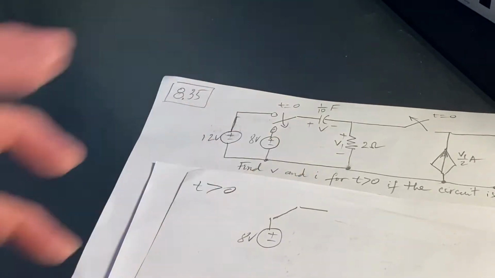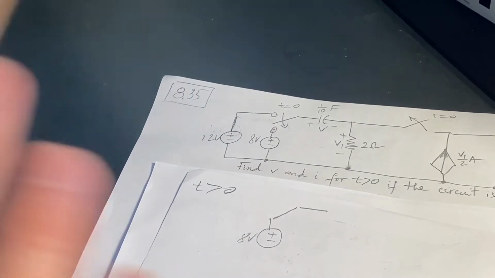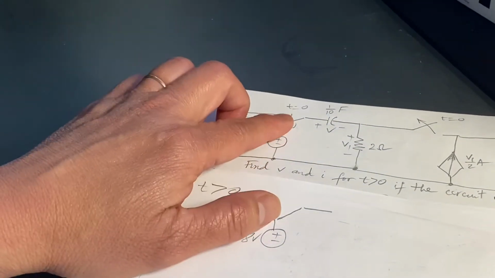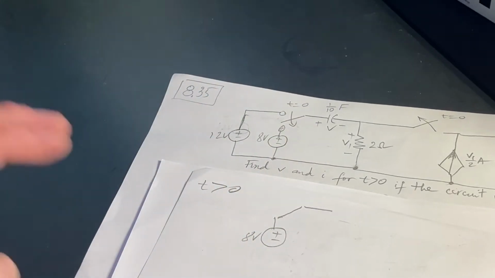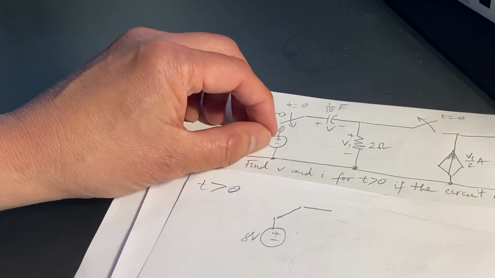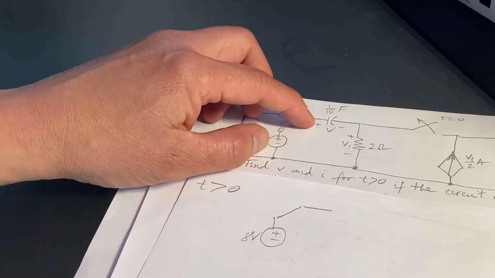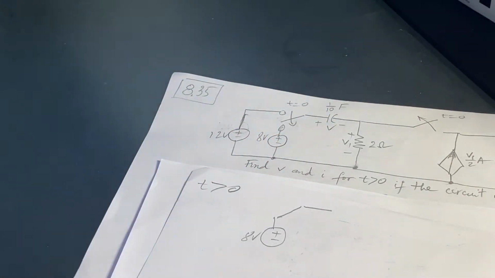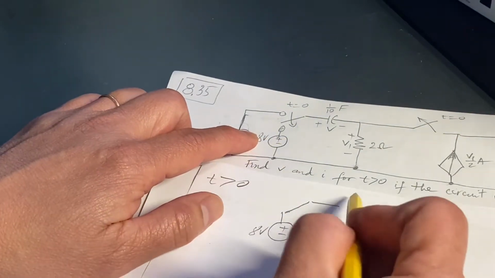At this time, the voltage and the current change, everything changes, because it goes from 12 volt to 8 volt. So the voltage and the current going to the capacitor, everything changes. At this time, the capacitor gets the voltage from the 8 volt source.